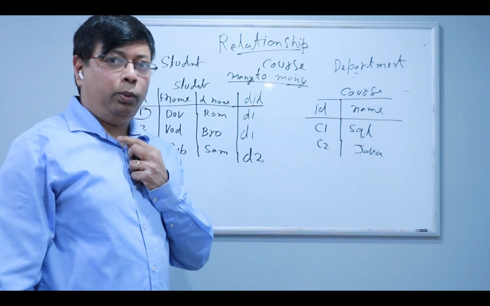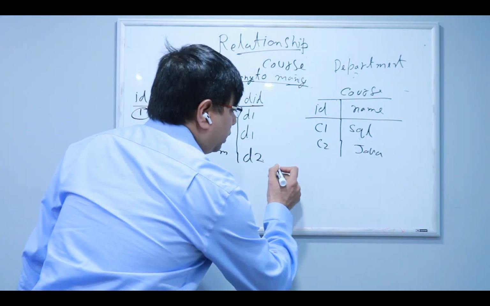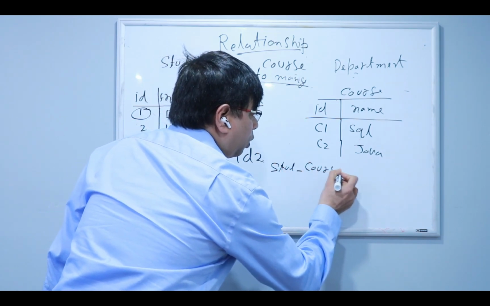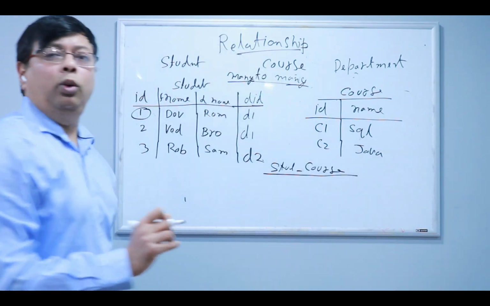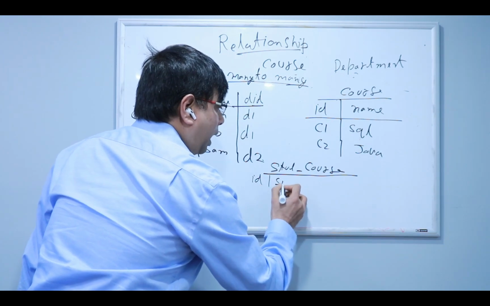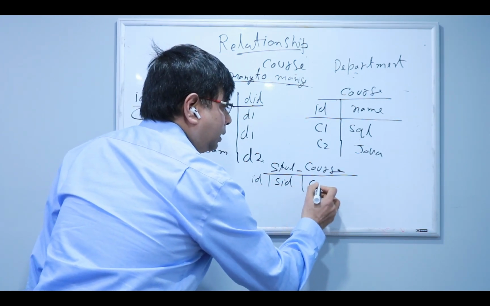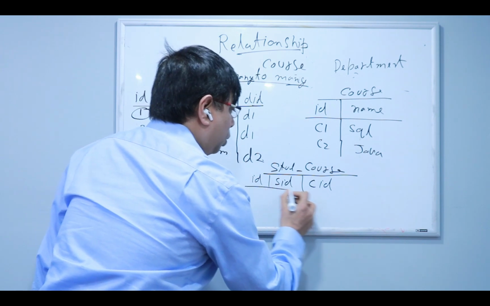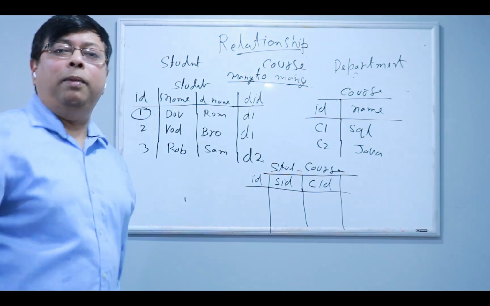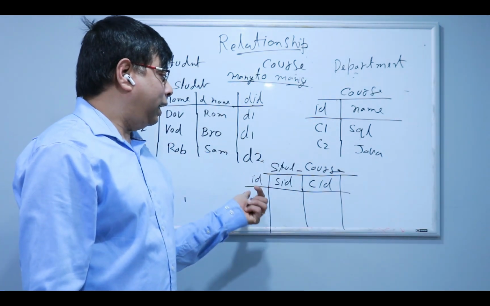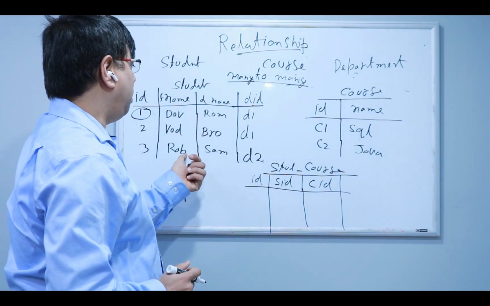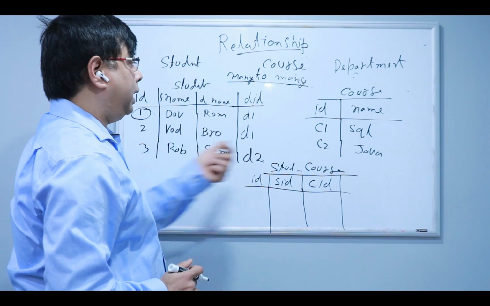So here what happens? We create a third table called student course. Here what we do? We can keep an ID and then SID. This is the student ID and CID. This is the course ID. This is also my table, same as an entity, and now I can say Dave and Rob are taking SQL.